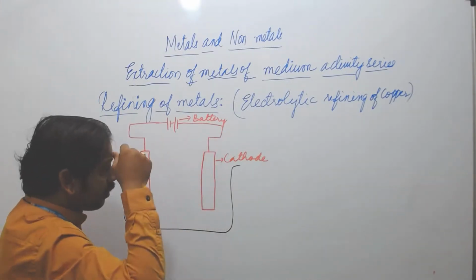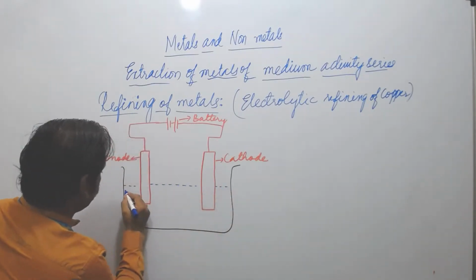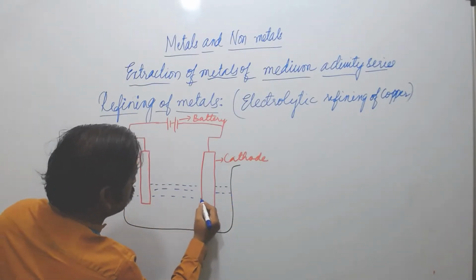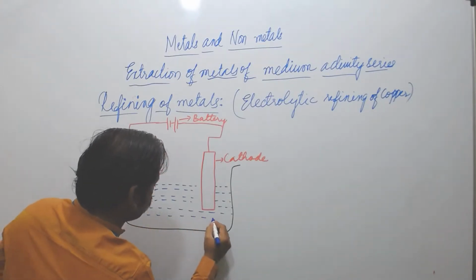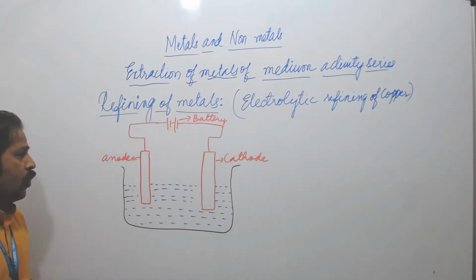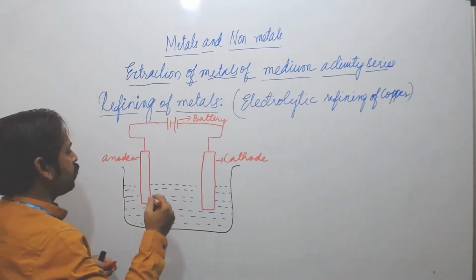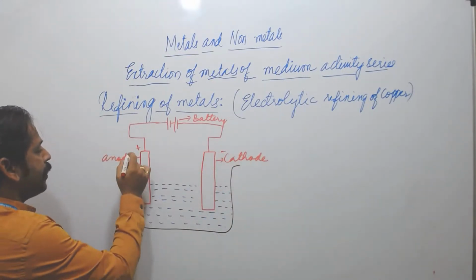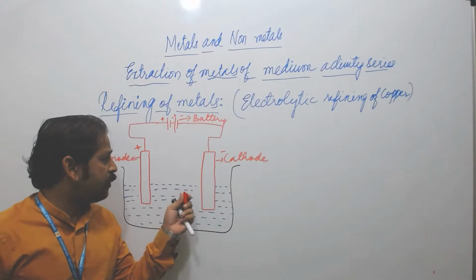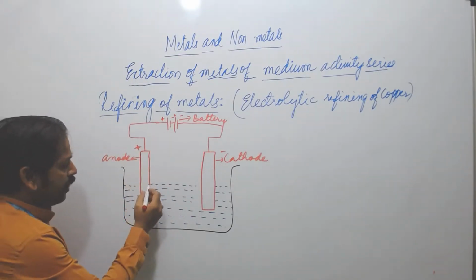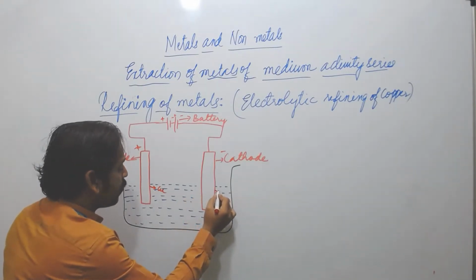Now we are refining the copper. Here anode and cathode are there, positive to negative. Here we supply the electricity. This anode is having the copper plate, and the cathode will get the pure copper.